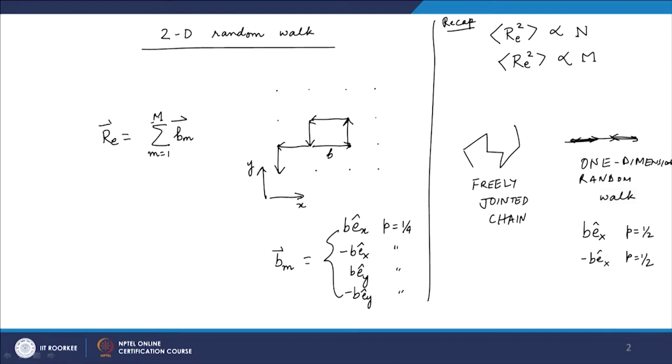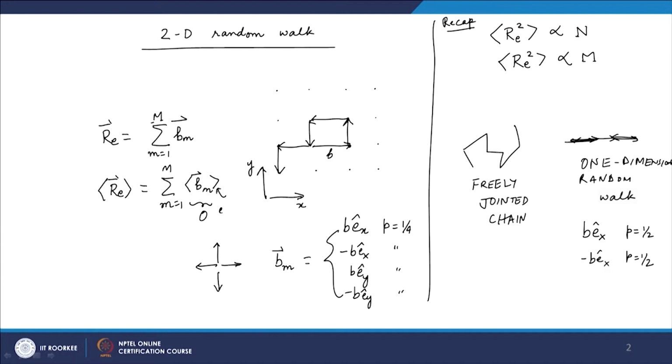Capital M is the number of segments or steps, and then again I can take the average of this, and by the same logic you can see that the ensemble average of the bond vectors will again be 0, because it can of course be in the x direction, but it can be in the opposite direction with equal probability. It can of course be in the y direction, but it can also be in the minus y direction with the same probability. So, there will be cancellation of the two vectors.